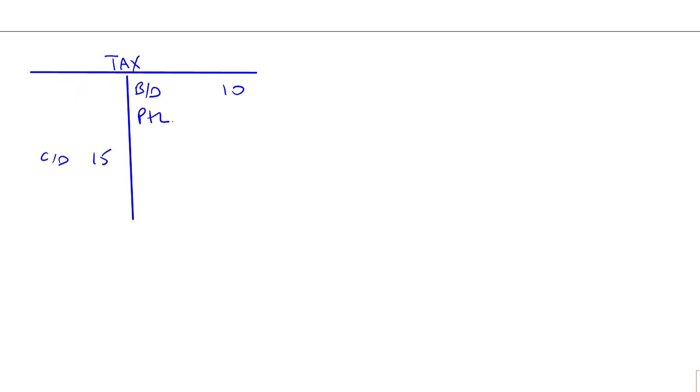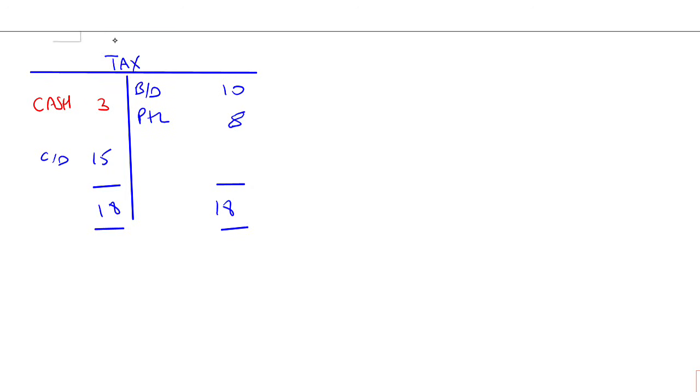I'd find the charge in the profit and loss, 5, no that's too easy isn't it, we'll make it 8. And then I can balance off this ledger account and therefore see what the cash flow is. So the cash flow out is therefore 3.